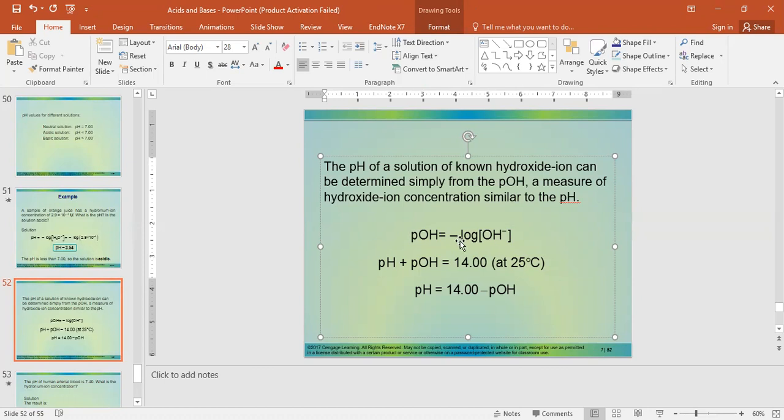The alternative is where you have the concentration of the hydroxyl ion and you take 10 to the power minus 14 divided by that concentration, so that you can get the concentration of the hydronium ion. Once you do that, you can calculate your pH directly.